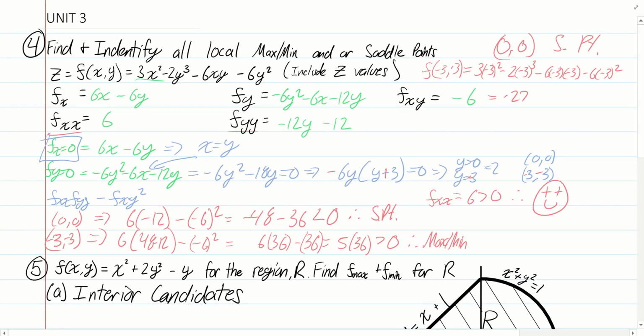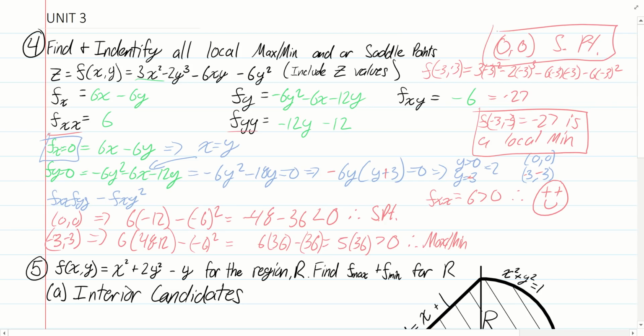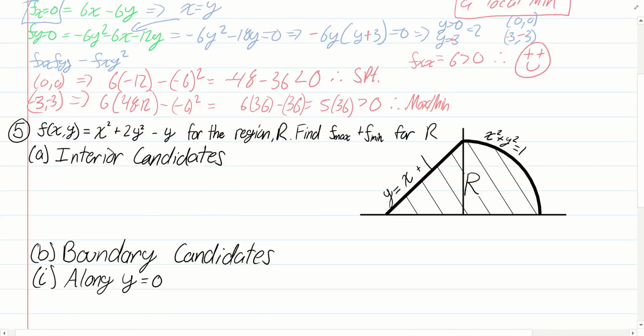That equals negative 27. So that implies f of negative 3, 3 equals negative 27 is a local min. All right, move on to the next problem.